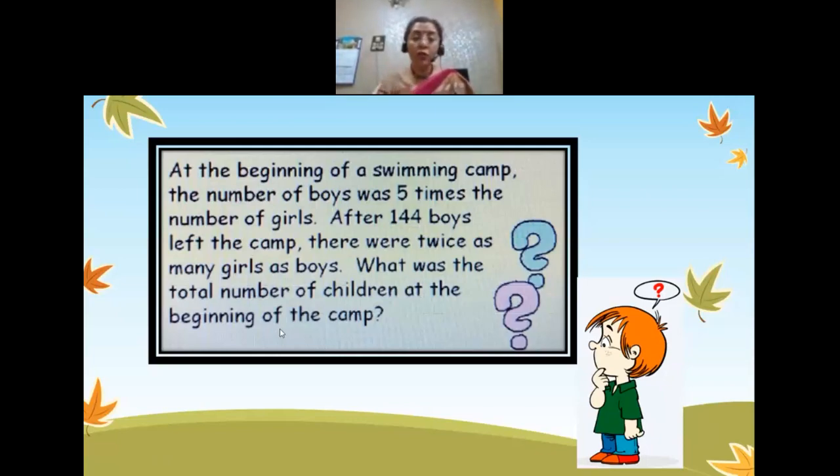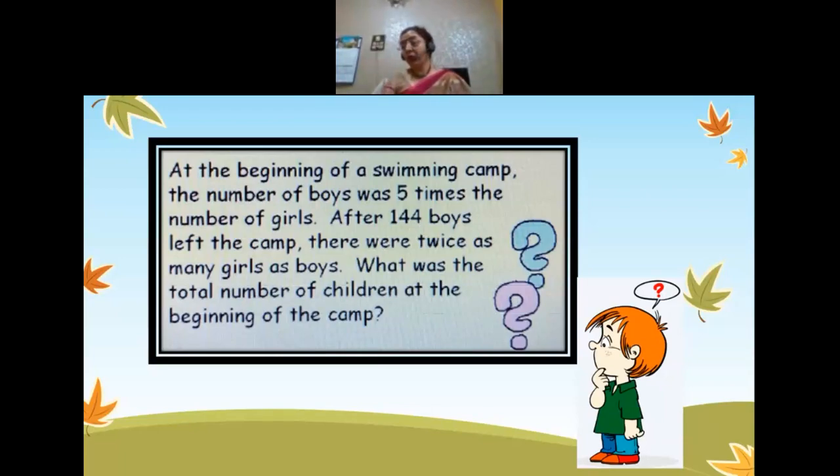They had joined with so much interest, but 144 boys have left. Not even one girl left. Now the number of girls is twice the number of boys. What was the total number of children at the beginning of the camp?